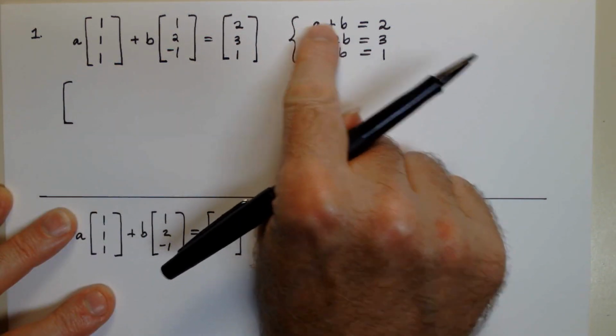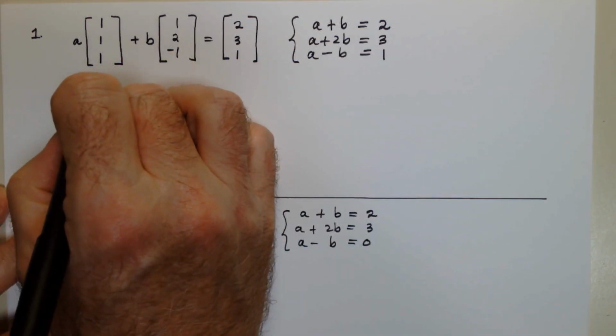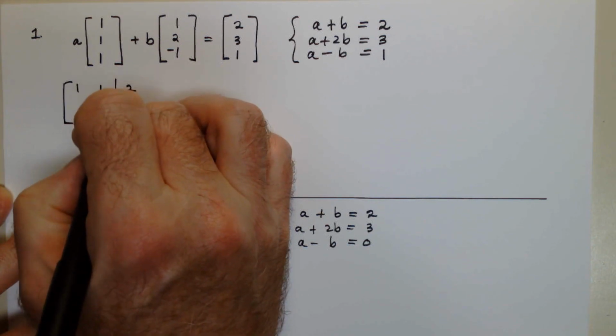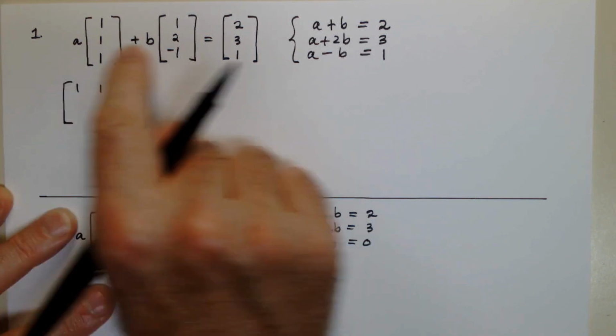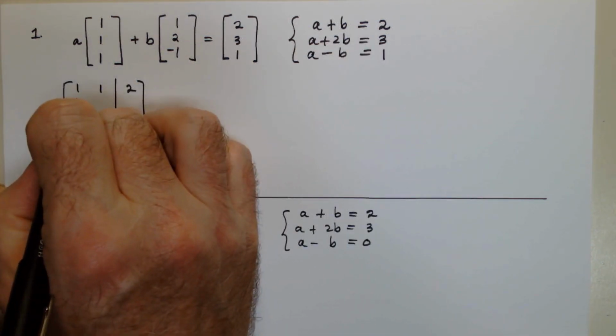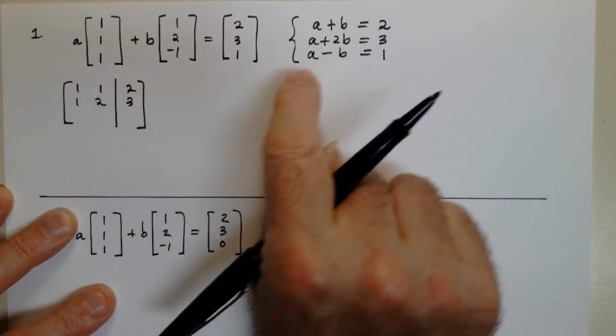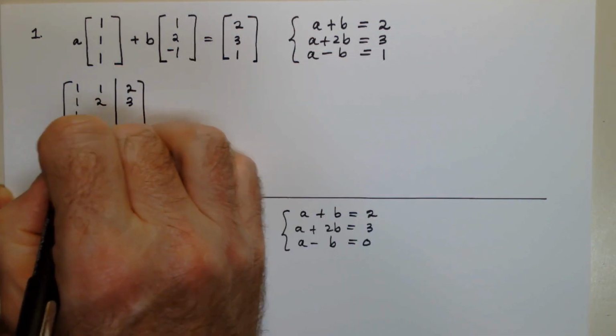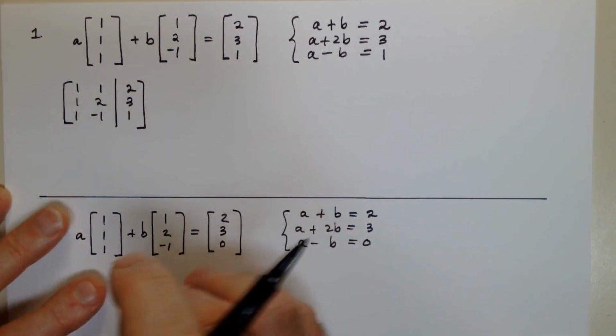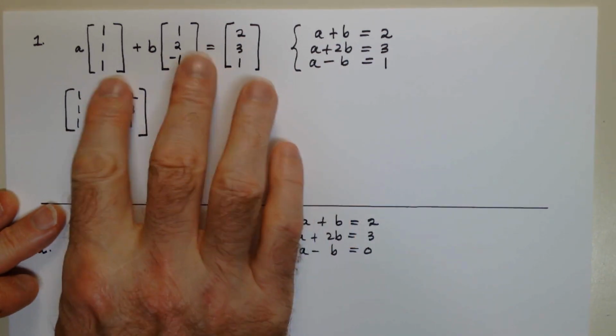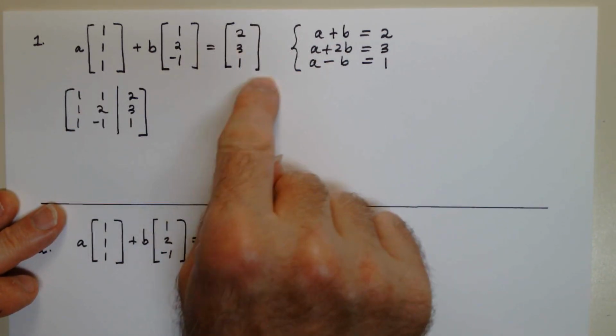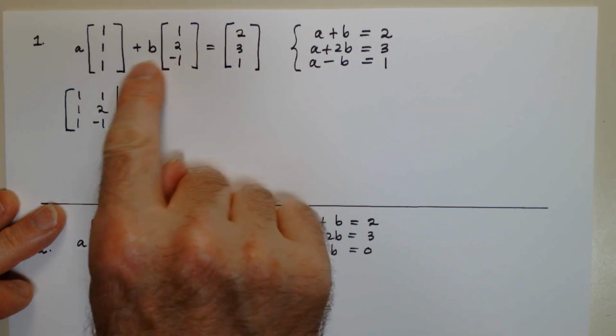We're going to get 1, 1, 2. 1, 2, 3. And 1, negative 1, 1. So this is a nice fact. Anytime I'm doing a spanning problem like this, I'm trying to see, can I get to this vector from these two?